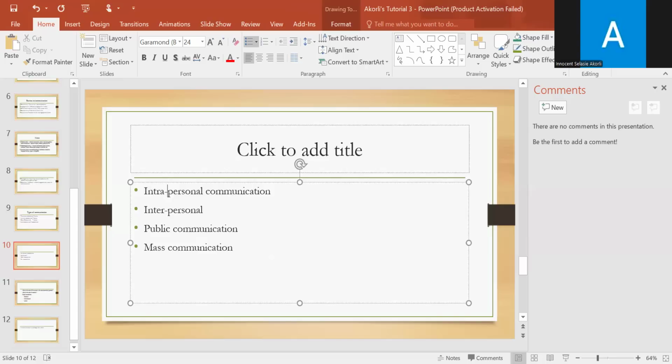The interpersonal, maybe two people or three people talking, like a class discussion or maybe a group discussion. Yes. Public communication, one to many. One to many. And I think we discussed this. Maybe let's say somebody is on a campaign platform talking, it's one to many.